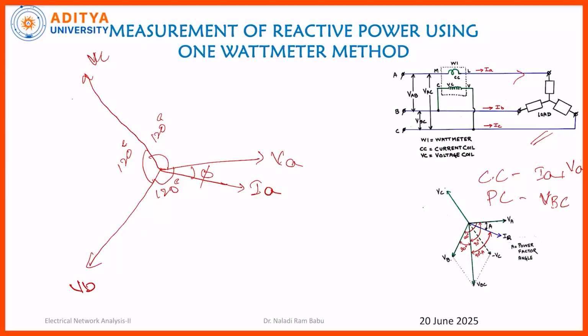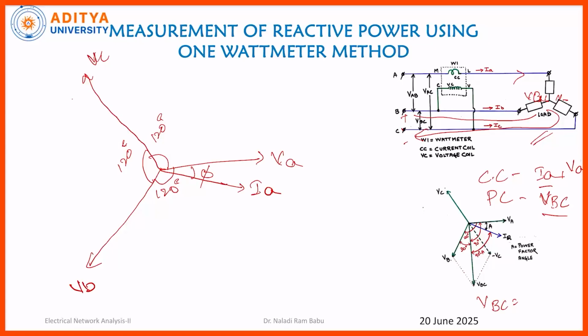But we need to establish the relationship between VBC and IA. Now from the circuit diagram, VBC is given by VB minus VC.